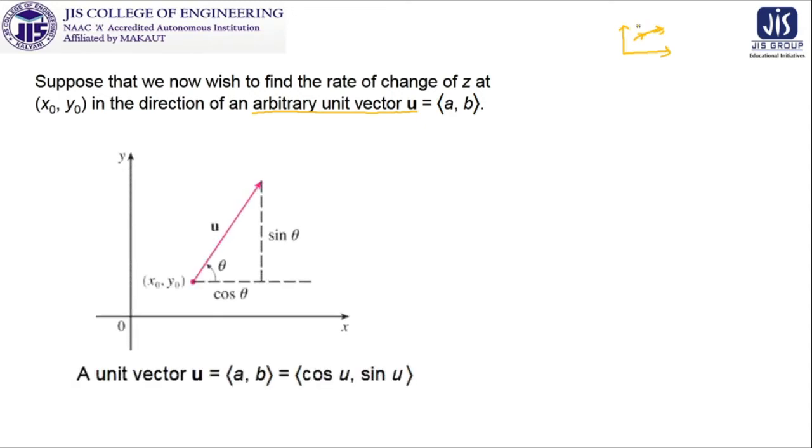Let us take this as our example, that this is our x direction, this is our y direction, and this is our u. u means we have taken the vector in this direction, and u is the unit vector in this direction. It can be written as cos θ, sin θ, because you can simply take it for your calculation.